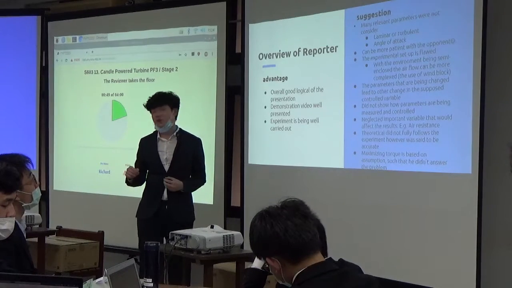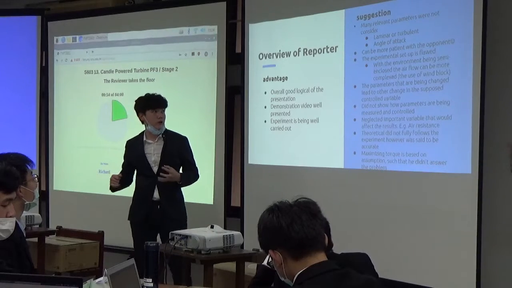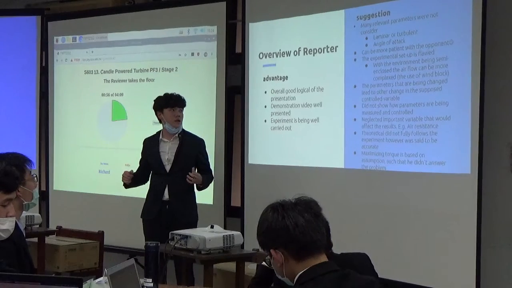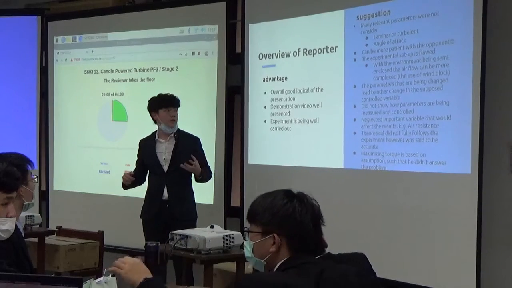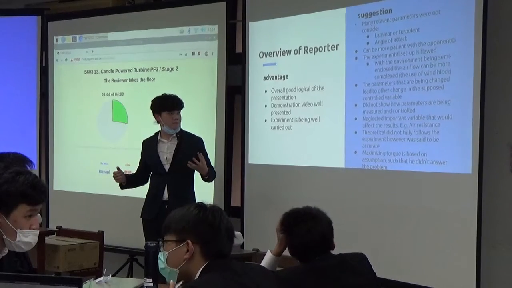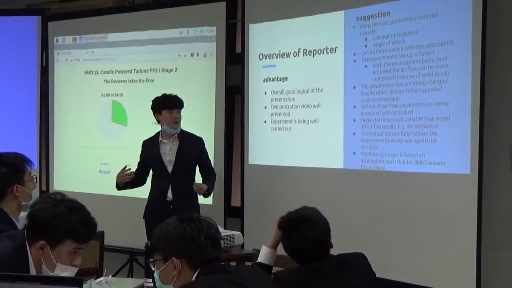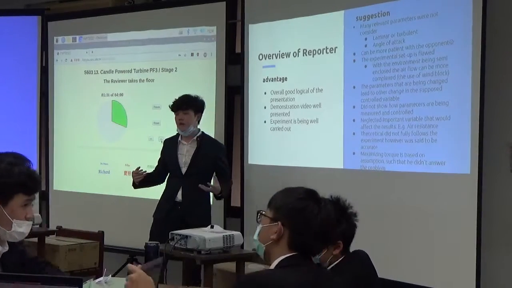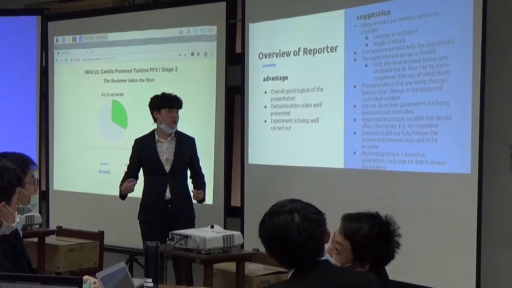Some suggestions we would like to give the reporter is that there are many relevant parameters that were not considered, such as the laminar or turbulent flow or the angle of attack of the heat flow from the candle. The supposed control variables were not controlled, such as when they change the radius, the mass would also change.